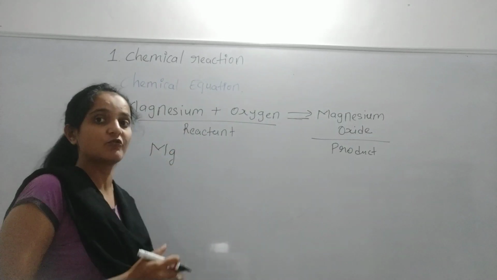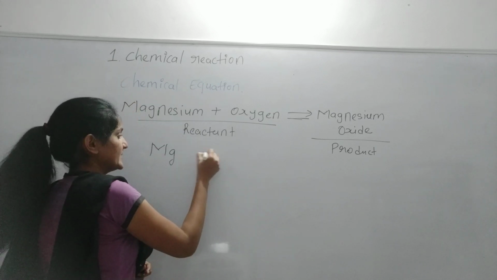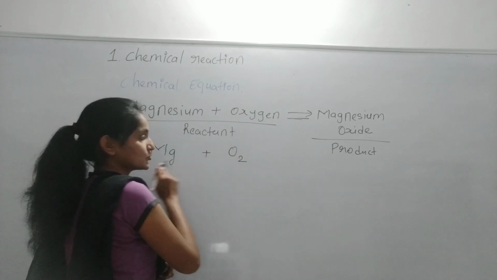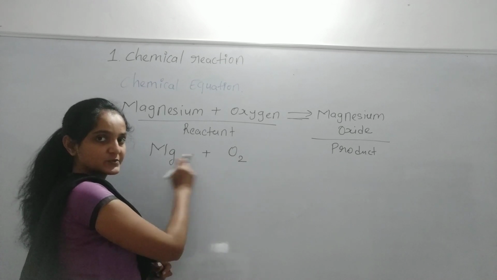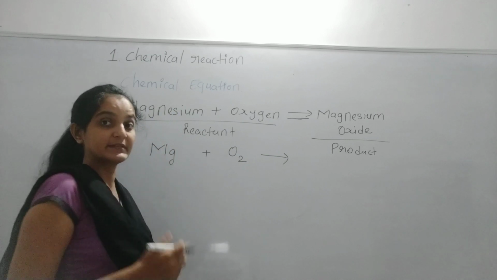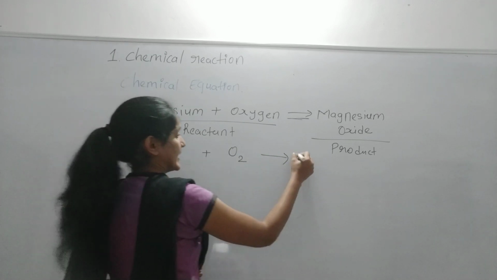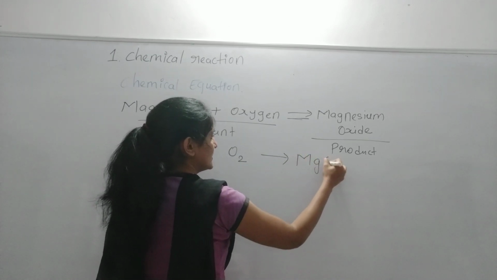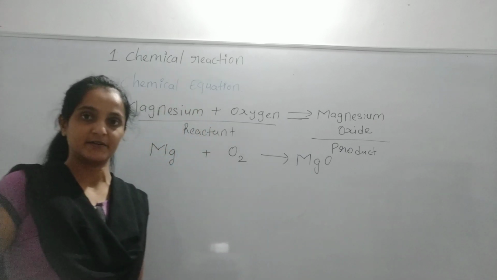Same way, the symbol for oxygen is O2. Both of these are our reactants. Now what will it produce? Its formula is MgO, that is called magnesium oxide.